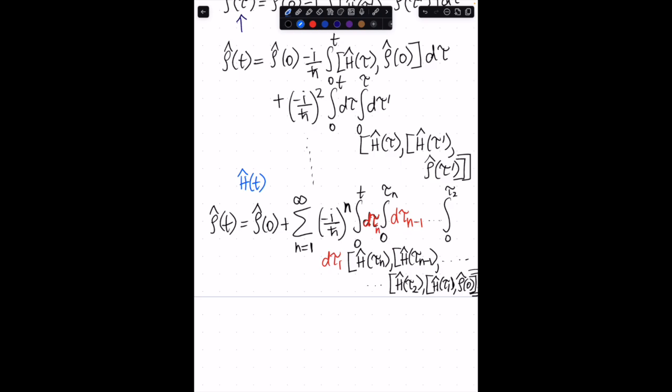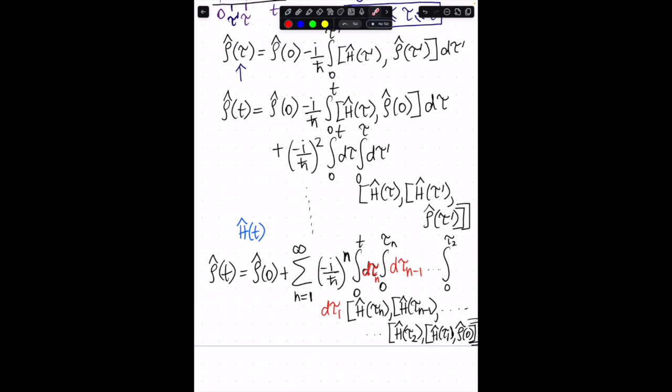For your first order term, you have one Hamiltonian in the consideration. For the second order term, you have two Hamiltonians, and for your nth order term, you have n Hamiltonians. And if these Hamiltonians are large, as in the energies of your matter system and your perturbation, so in this case you are considering your matter system as well as your perturbation, your Hamiltonians are destined to be really large because the energies of the matter system have been considered in full detail, and these are the major contributors to your Hamiltonian.